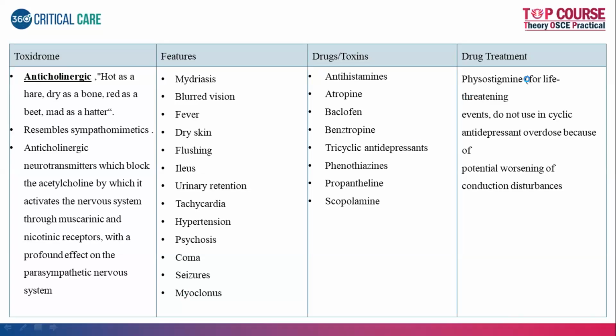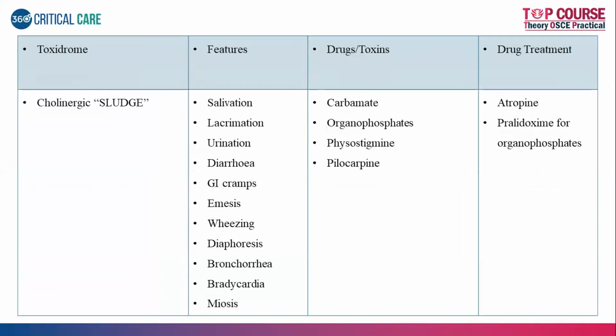It is physostigmine, but in the case of tricyclic antidepressants, the treatment is different. Don't try to use physostigmine in these cases because it causes life-threatening events and also some conduction abnormalities in the heart. So you have to write one example like this in detail. This is about anticholinergics.